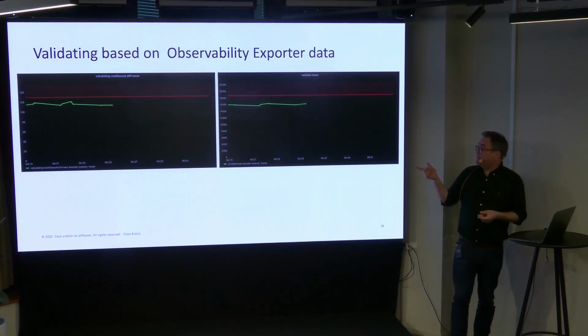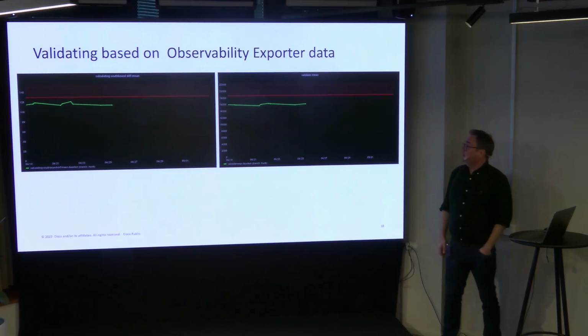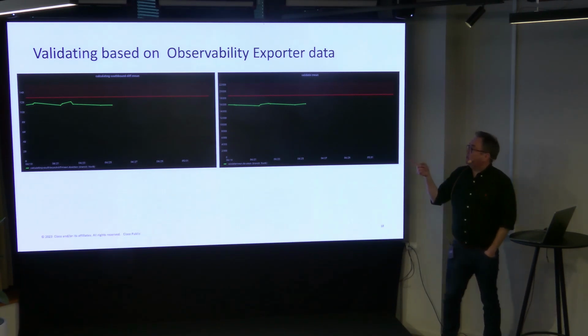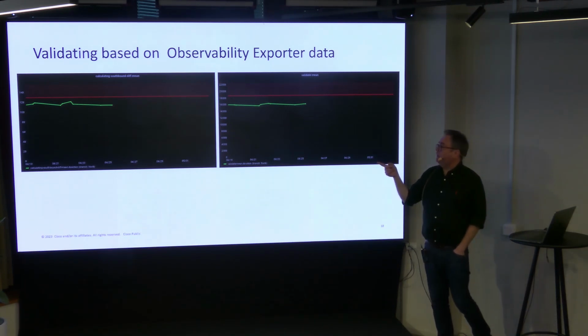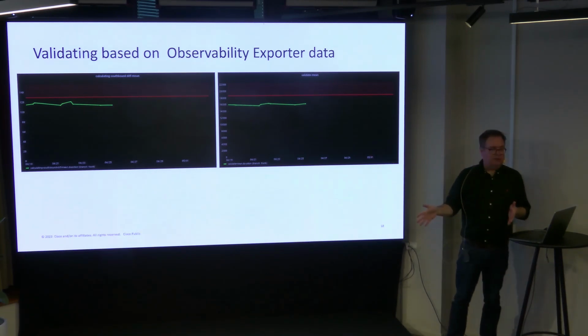So these are 2 examples of data from the observability exporter. We have calculating southbound diff, and what we have done here is that we are doing a lot of sync froms, and then we calculate the mean for all of the sync froms within that test, and then it's easy to compare it to older tests.